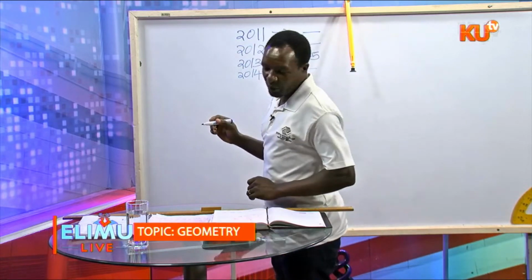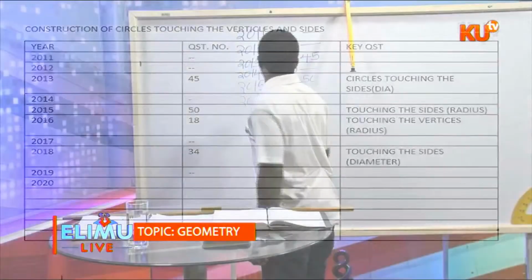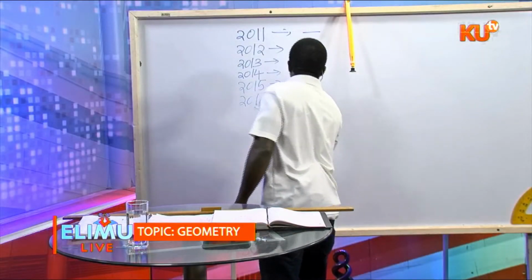In 2015, there was a question on construction of a circle, that is question number 50. In 2016, there was also a question number 18.